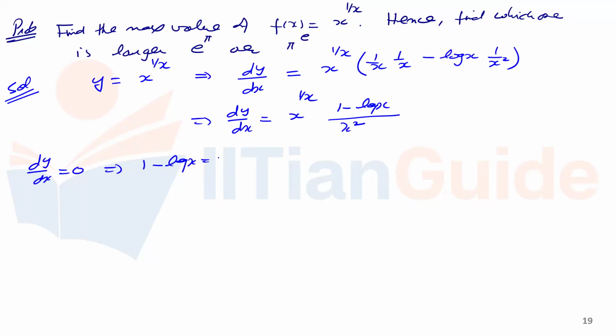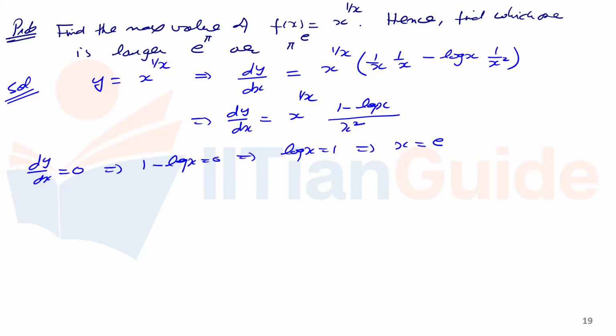So 1 − log x is 0, or log x is equal to 1, or x is equal to e. I got a point, x is equal to e. At this point, it may be a maxima or it may be a minima.